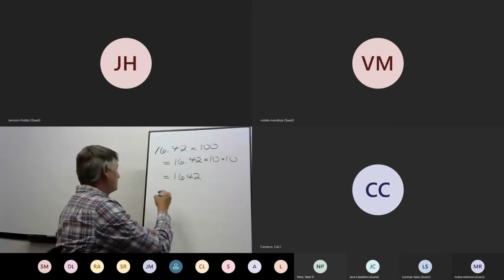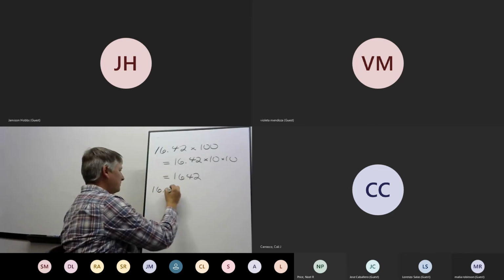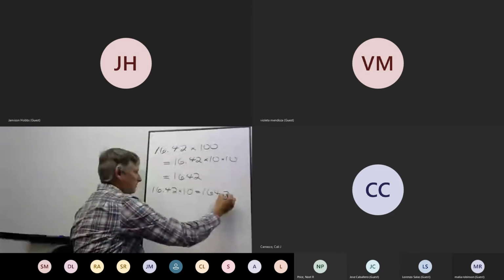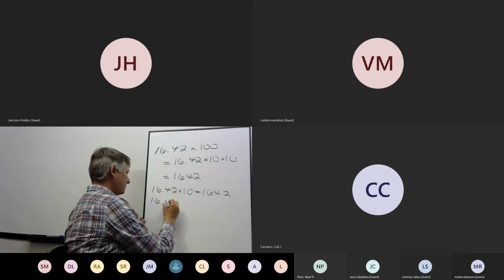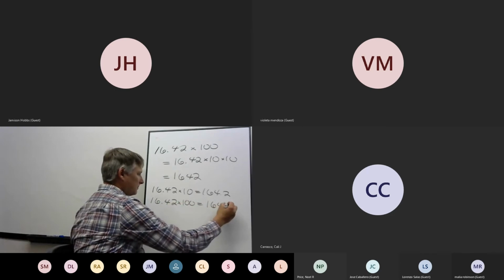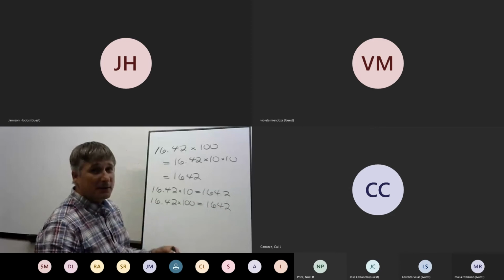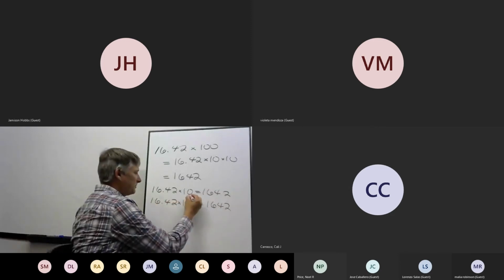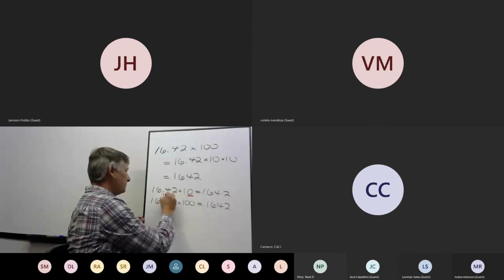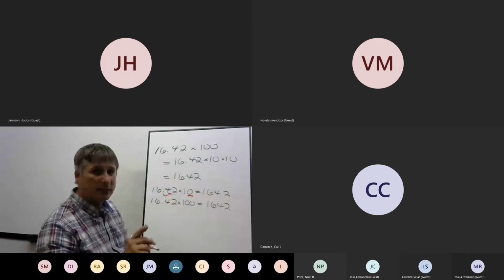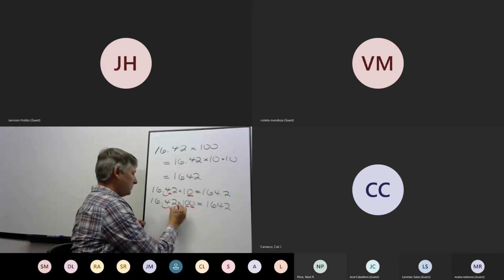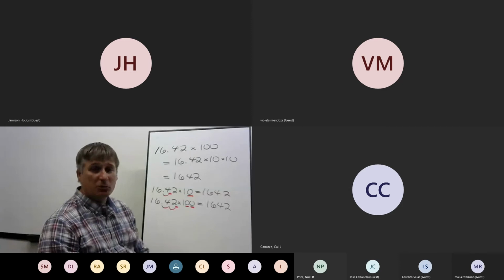You might have noticed, if you look at the number of zeros, we're multiplying by multiples of 10. 1 zero moved our decimal point over one place. 2 zeros, well, that moved our decimal point over 2 spaces.